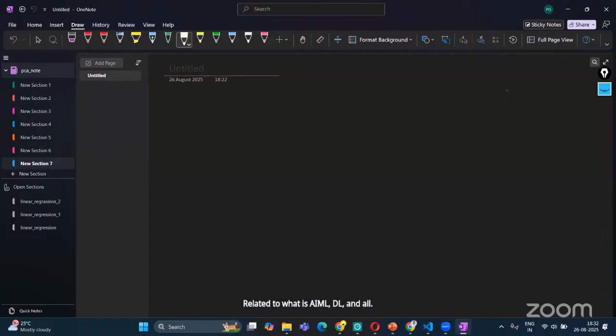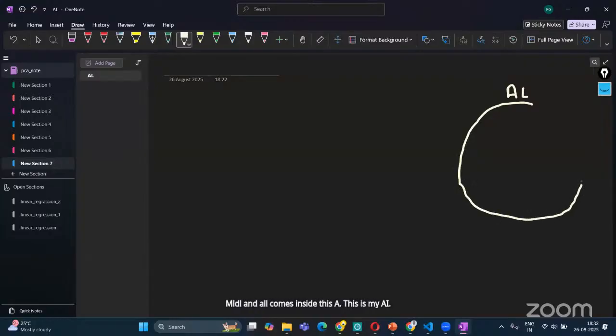First is AI. All of ML, DL and all come inside this AI, which stands for artificial intelligence. Inside this AI, we have ML.